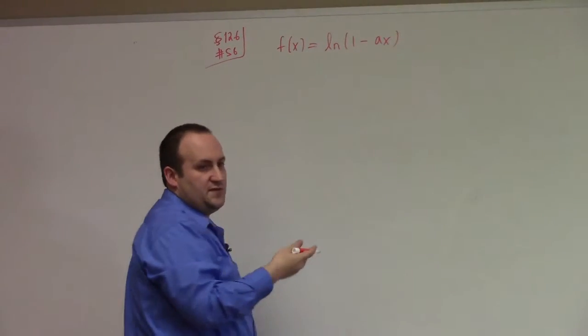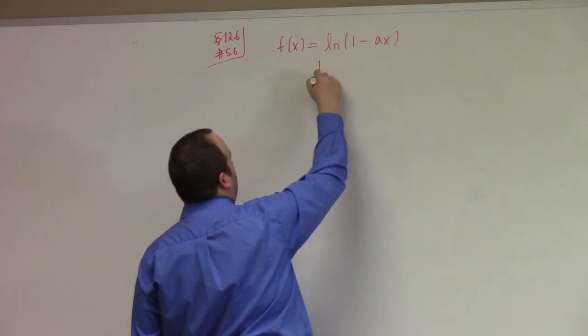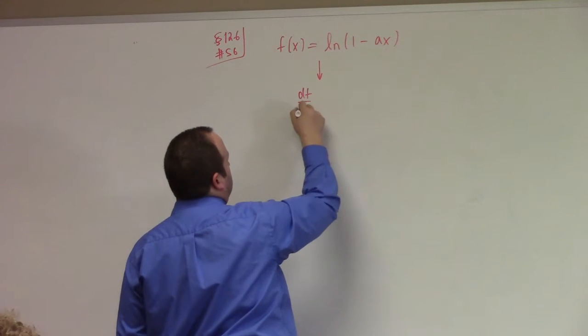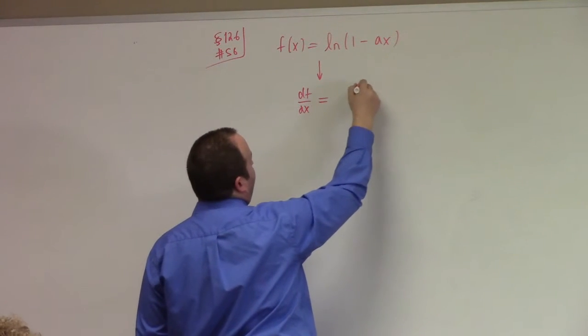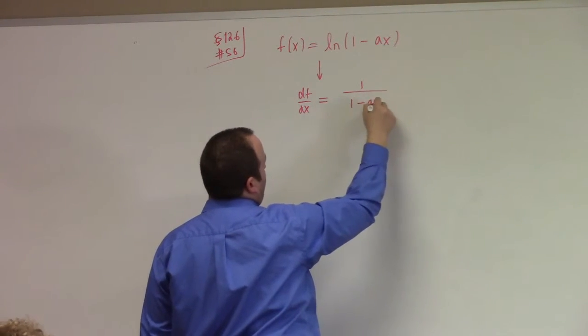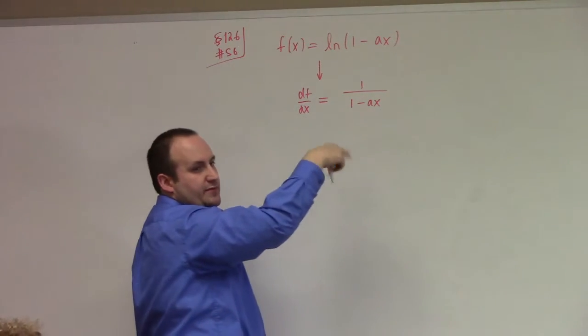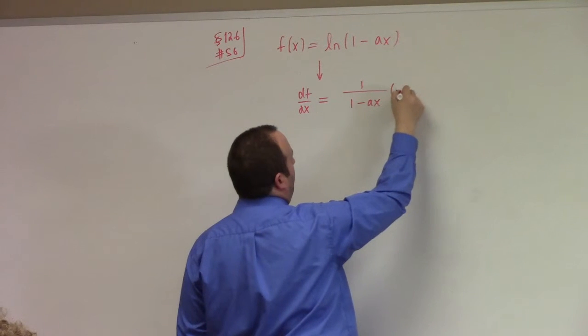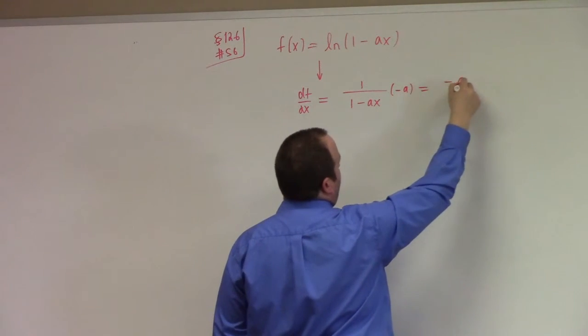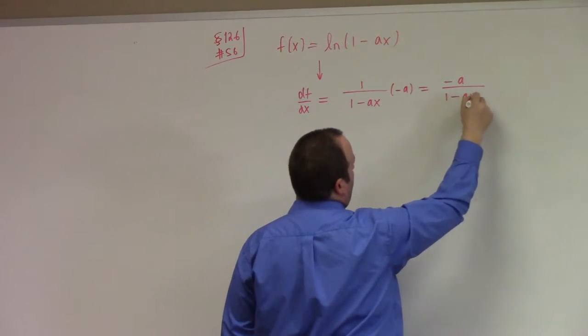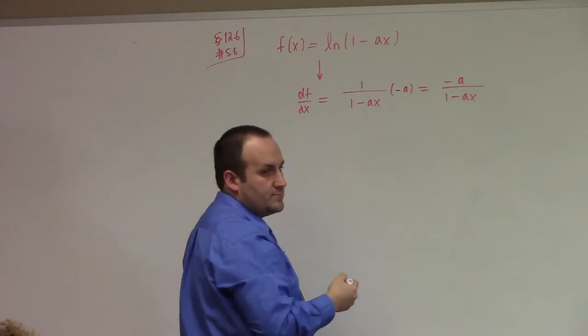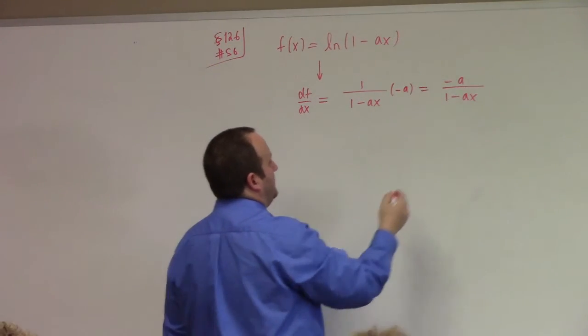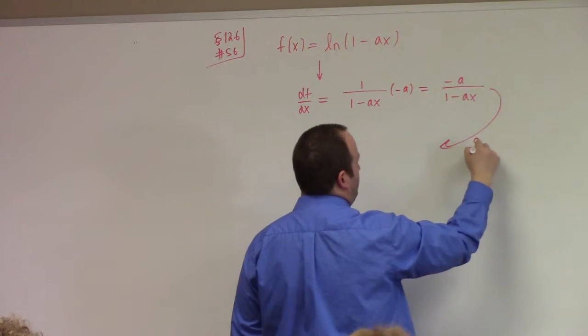Absolutely. So just to sketch that, what's he saying? df dx is what? Then I have to multiply by the derivative of the inside function, which is what? So you get minus a over something. The next move is to use the geometric series.